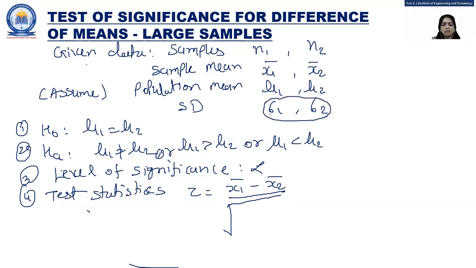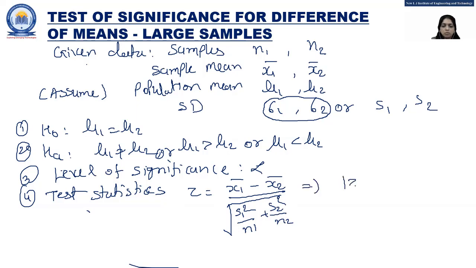Whatever standard deviation is given, you have to apply here. It may be S1 or S2, right? So you have to apply S1 square upon N1 plus S2 square upon N2.